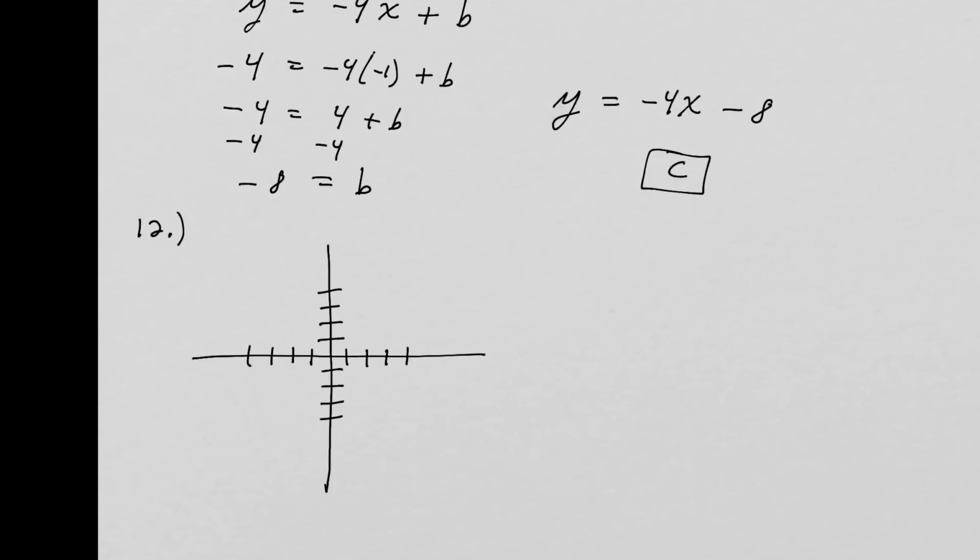So negative 2, 0 is right here, and then 0, 3 is right here. So it looks like this.